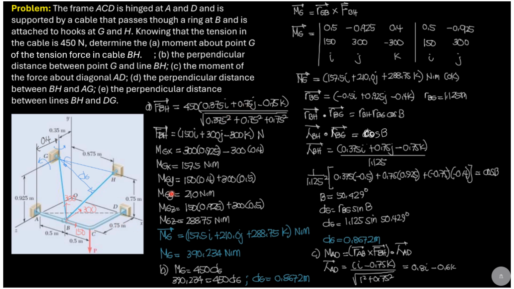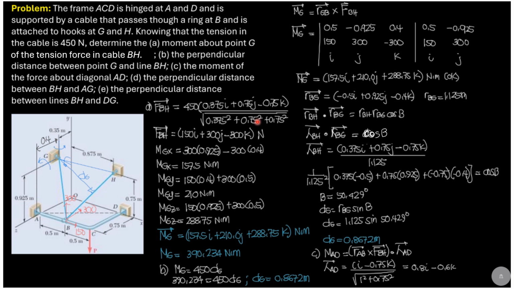Then moving backward by 0.75 also, so minus 0.75 k, divided by the magnitude of that distance, or length of BH: square root of 0.375 squared plus 0.75 squared plus 0.75 squared. This magnitude is 1.125 meters.